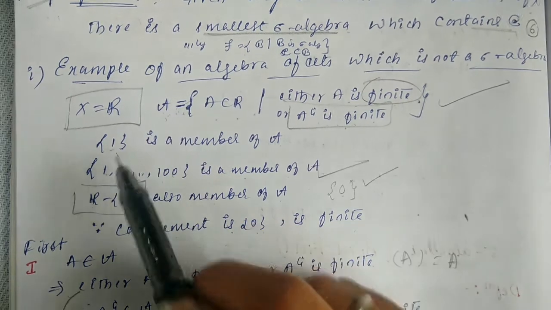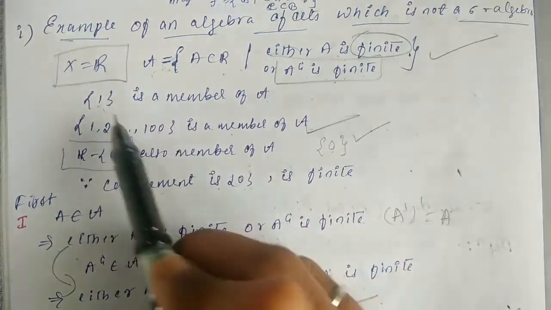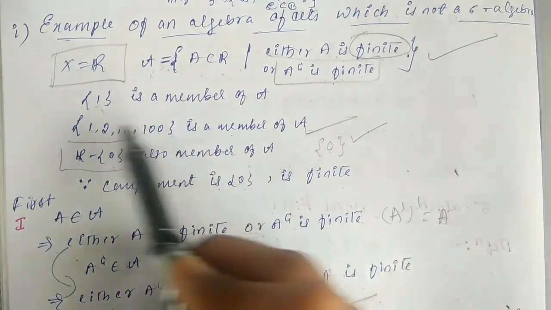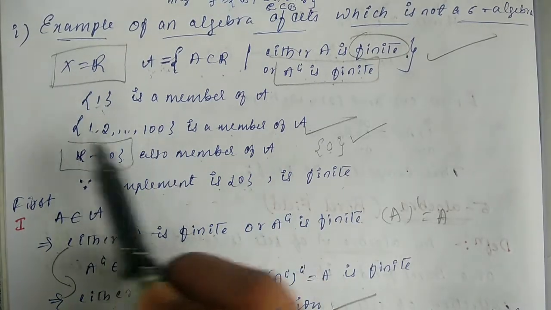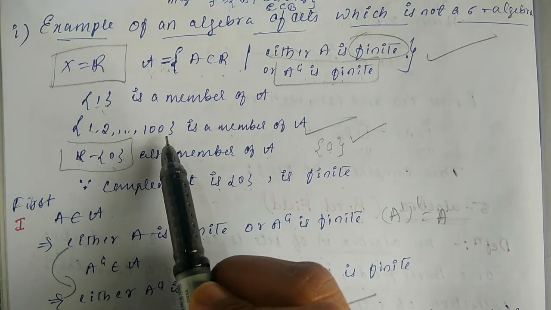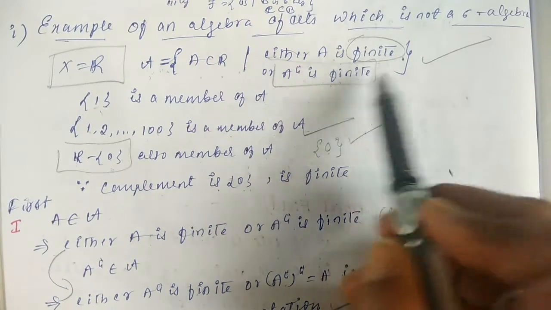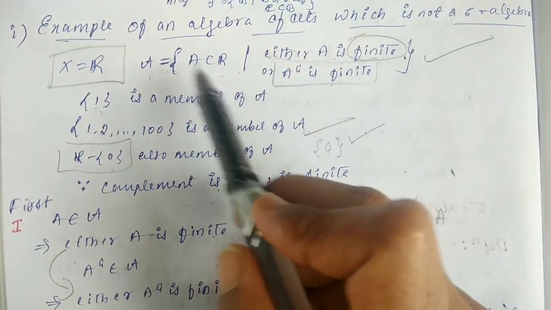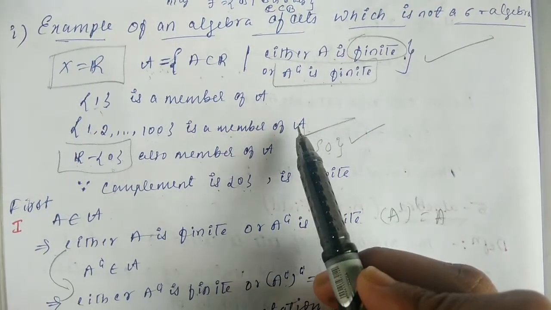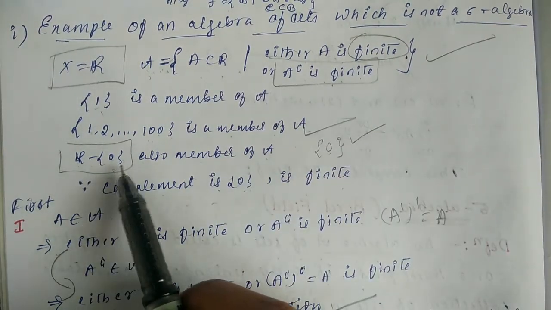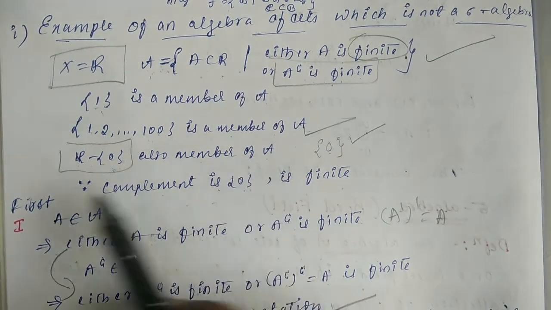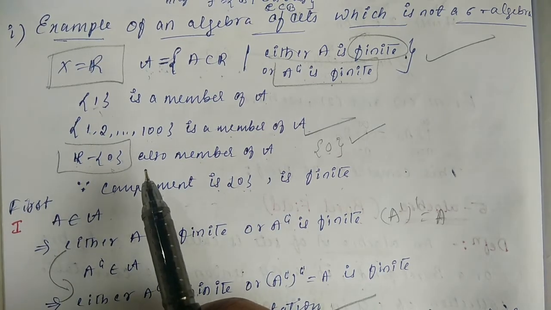Here I am considering some examples. That is, the singleton 1 is a member of A. Why? The singleton 1 is finite, therefore it is a member of A. Here the set containing 1 to 100 is clearly finite, therefore it is a member of A. Next, R minus singleton 0 is also a member of A. But R minus singleton 0 is not a finite set, so why is it a member of A?